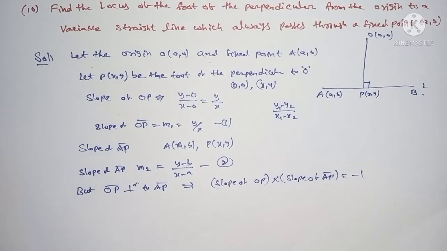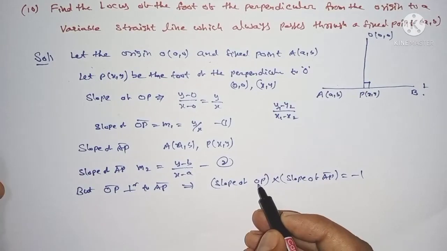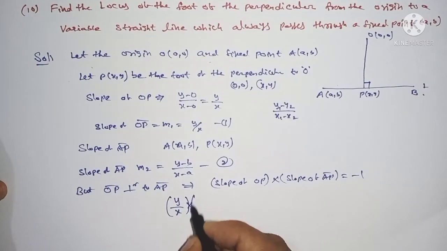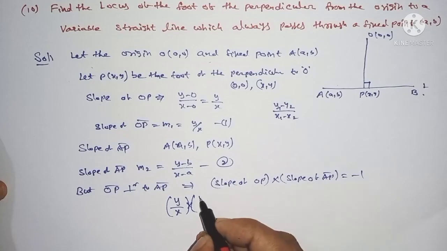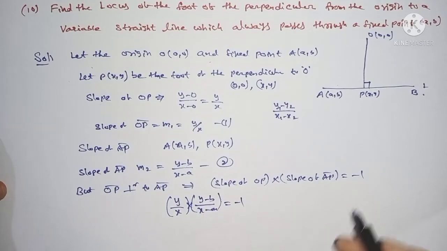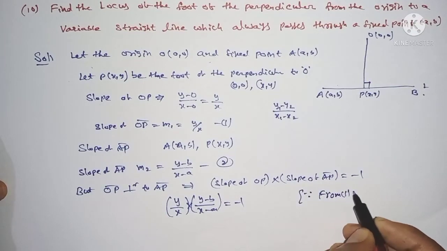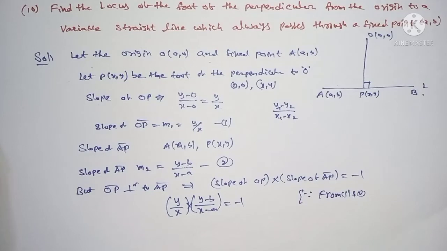Since they are perpendicular, the product of the two slopes is minus 1. Therefore, from 1, y by x into, as it is, slope of AP, (y minus b) by (x minus a), is equal to minus 1. From 1 and 2, you can simplify this.